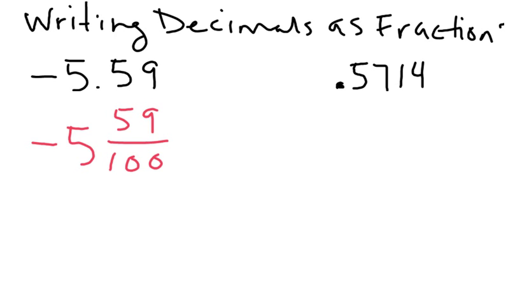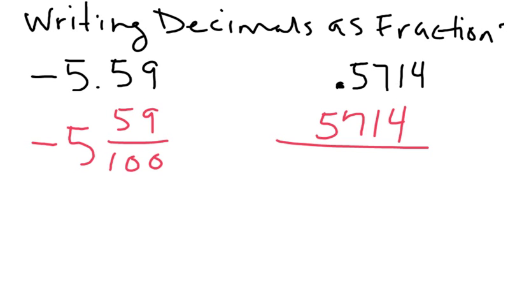Now this other one, the 0.5714, doesn't have a whole number part, it's just a plain old decimal. So we're going to write it down, 5714 on top of 10, 100, 1,000, 10,000. How do you know which one?